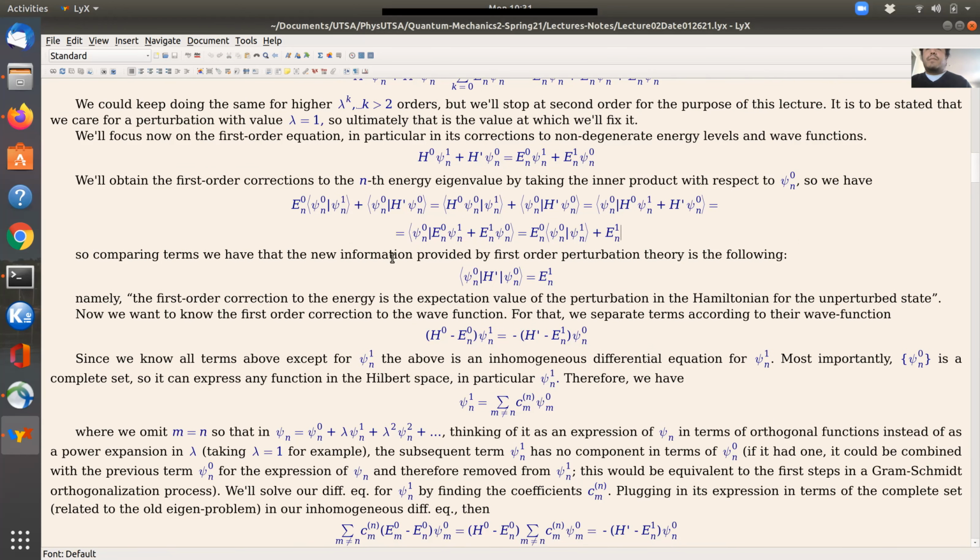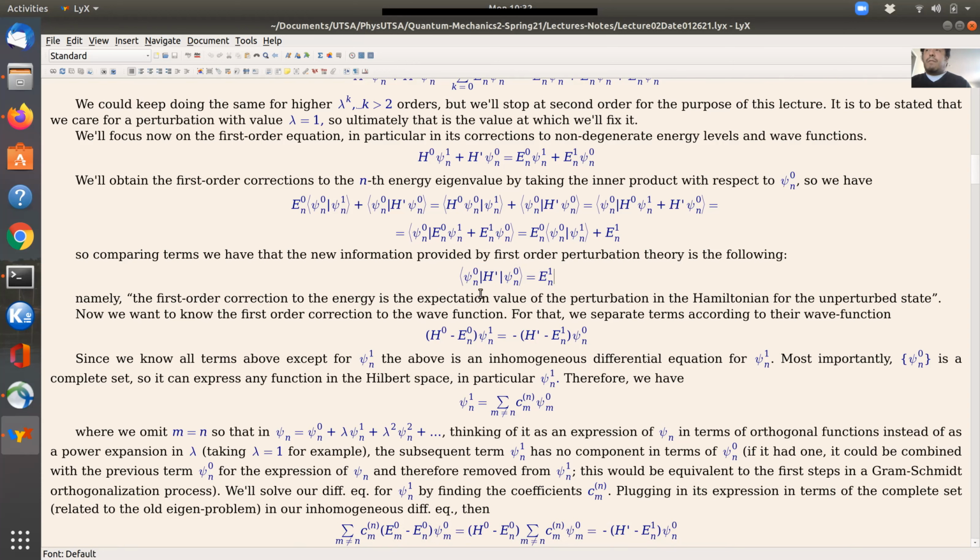So comparing terms, we have the new information provided is basically this. So I mean, you only have to basically pass to one of the sides, and this term will cancel with this one. So this is basically saying that the expectation value of H prime, which is the perturbation Hamiltonian, when you are in the wave function phi 0n, is the first order correction that you were looking for.